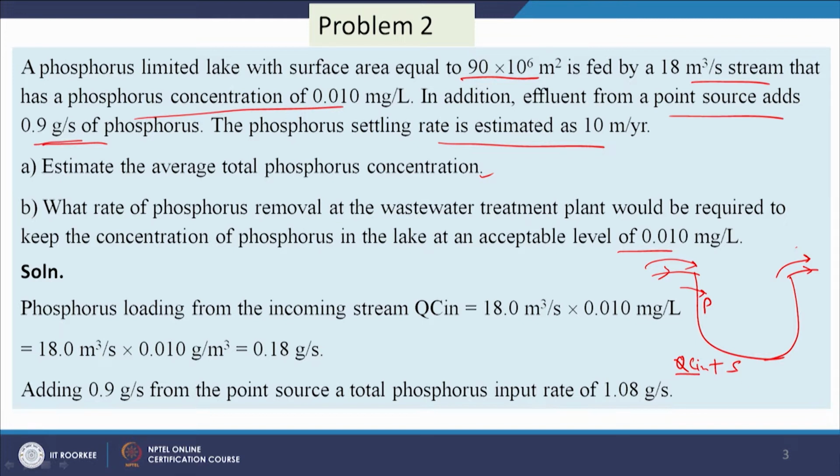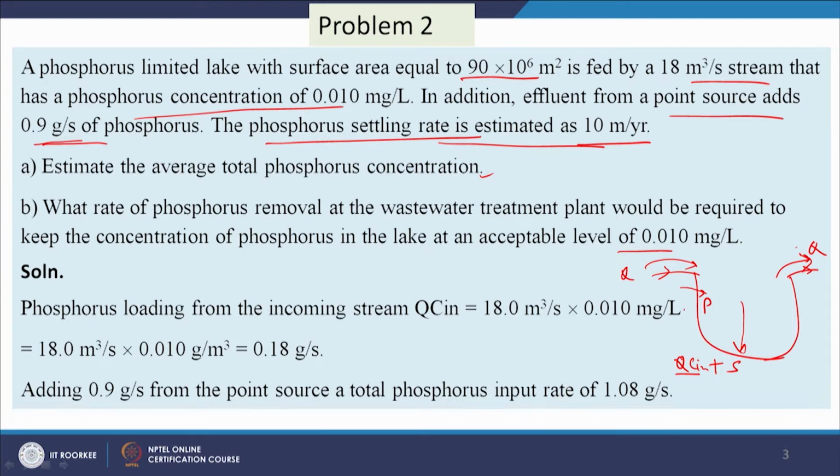It is given that the phosphorus is settled here and the settling rate is 10 meter per year. So, we have to calculate the settling rate and what is going out. What is going out, if it is a steady state, will also be Q.